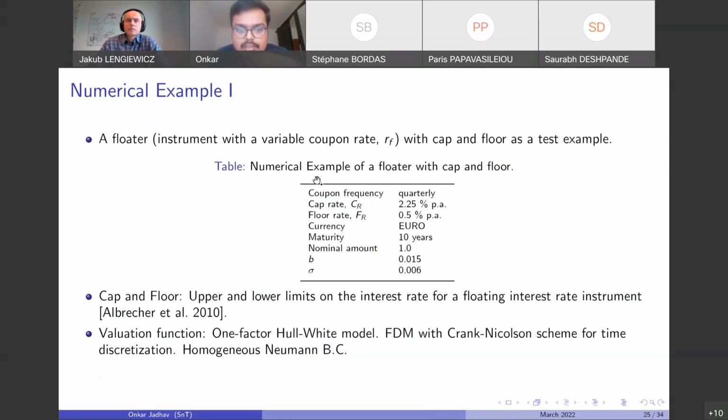But there are conditions like the cap rate or the floor rate. As I said, the cap and the floor put upper and lower limits on your interest rates. So you have to monitor this while solving this particular PDE as well. If the interest rate shoots over some particular value, then you have to put the cap on it. Then you have to put 0.225 as the interest rate. You cannot put 0.226. So there are some other things as well.